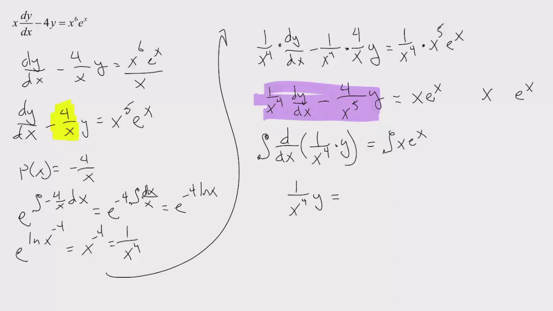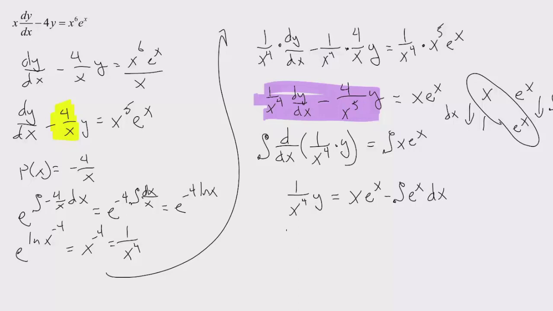Going this direction I differentiate, which gives me a 1, and going this direction I integrate, which is just e to the x. So that's x e to the x minus the integral of e to the x dx, which is just e to the x.